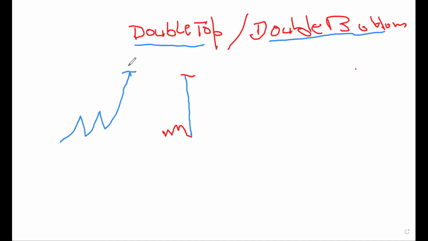After it's created a double top, the price has fallen. And we can also call it a resistance. Anytime the price is moving higher, it gets to that resistance and falls back.